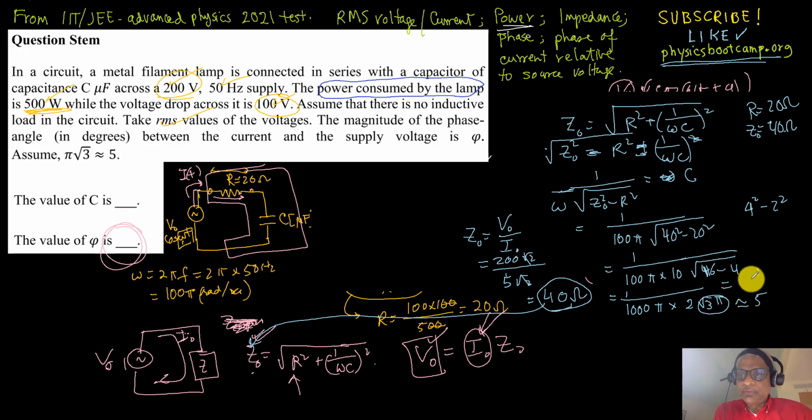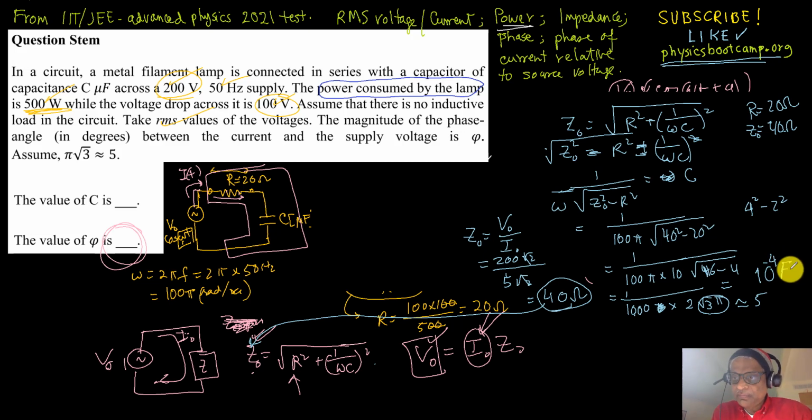So this is with pi already included over here, so that becomes 10 to the power minus 4. So it's actually this many farad.